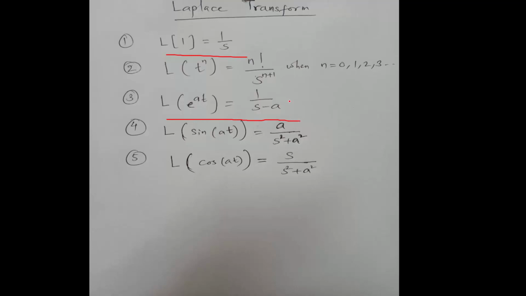Likewise, by using the Laplace transform formula, we can find the Laplace transform of an algebraic function. So the Laplace transform of an algebraic function is this one, and likewise the Laplace transforms of the trigonometric functions, sine of at and cos of at, are going to be respectively like this.